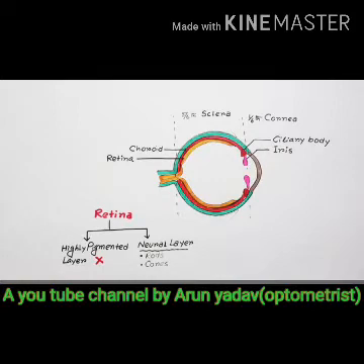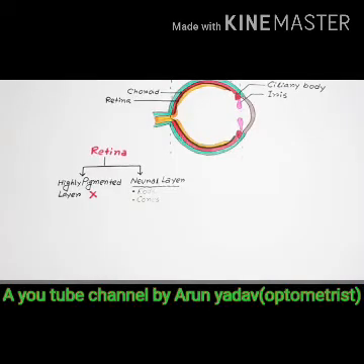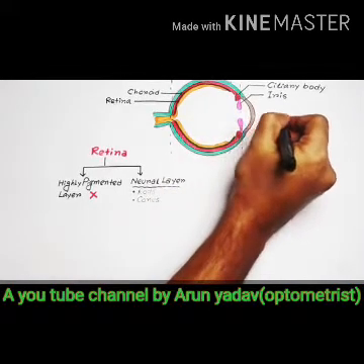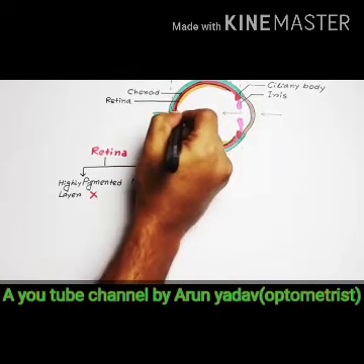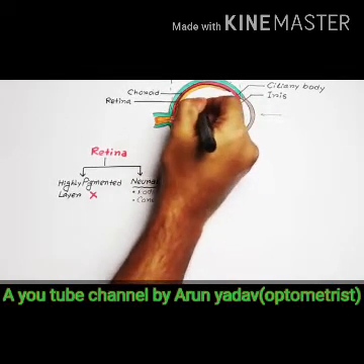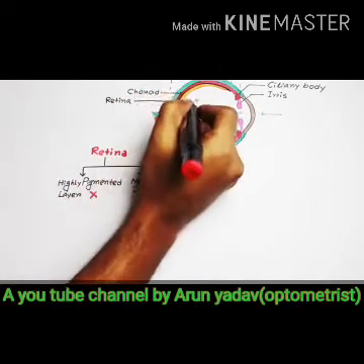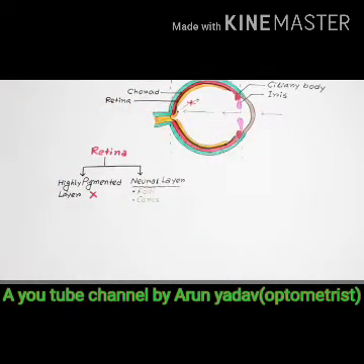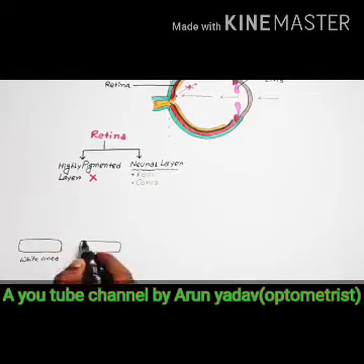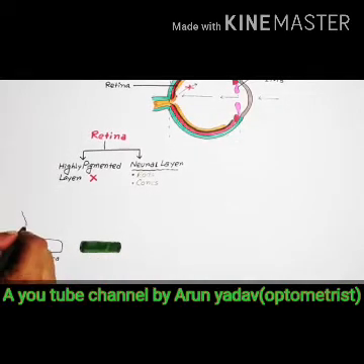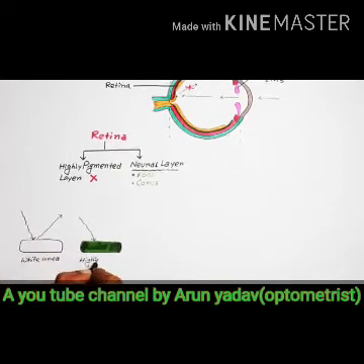You must be wondering, why is it hyperpigmented and what is the use of hyperpigmentation? Well, when light comes into our eyeball, it should get absorbed first, not reflected, otherwise the image will be destroyed. As we know, a highly pigmented area absorbs light better than a white or poorly pigmented area.